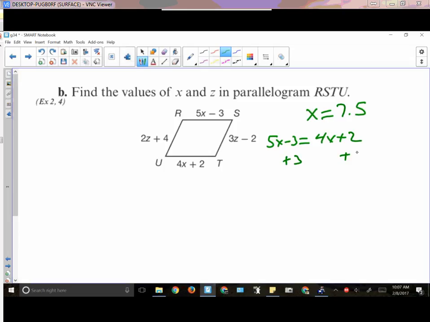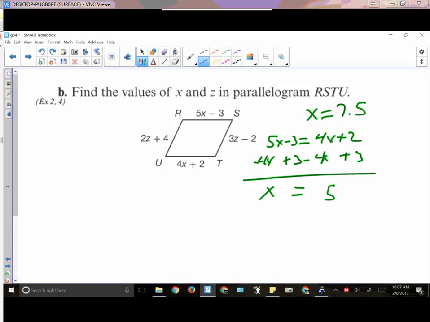Add 3, subtract 4x, subtract 4x, and I end up with x is equal to 5. Oh, you gave me z. You got 5? That made me feel better.